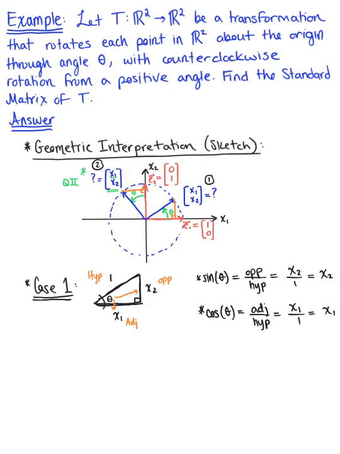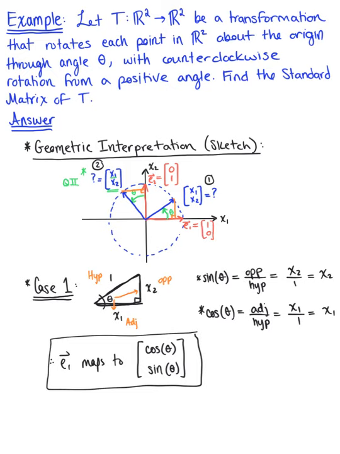So we can see that your elementary vector e sub 1 maps to the vector x sub 1, x sub 2, where x sub 1 equals cosine of theta, and x sub 2 is sine of theta. Beautiful. So there's the first part.